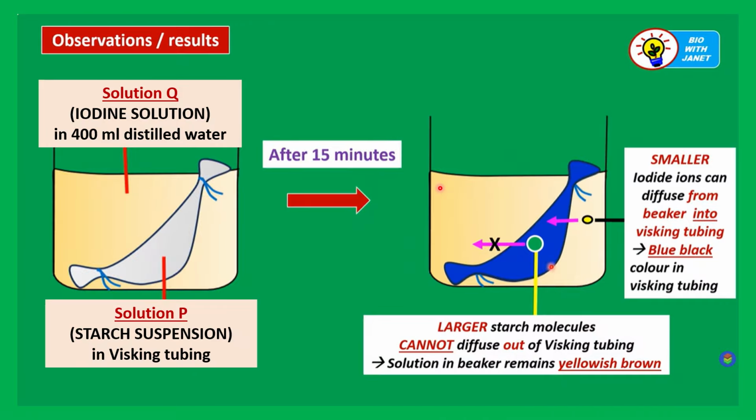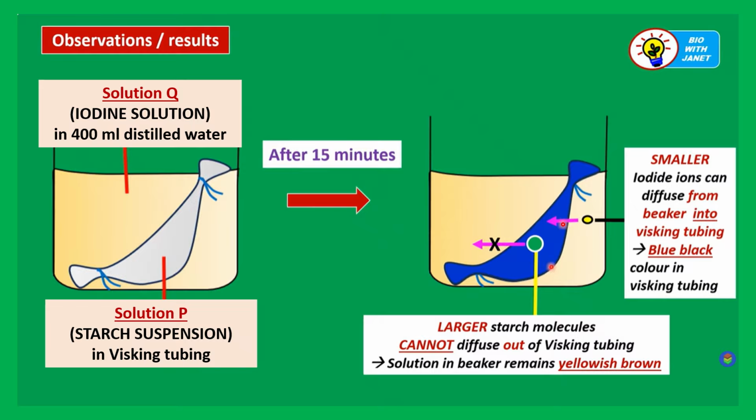Now, after 15 minutes of immersing the whisking tubing, this is the final result. Okay, the content of the whisking tubing will turn to blue-black color. It's very obvious. So what has happened? Okay, actually the iodide ions or the iodine molecules have diffused from outside the whisking tubing, from the solution in the beaker into the whisking tubing, right?